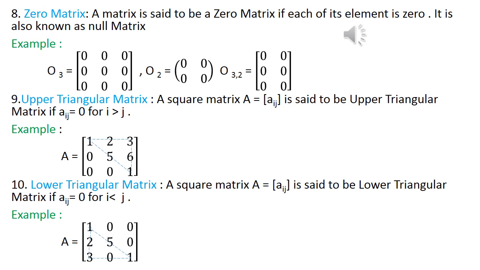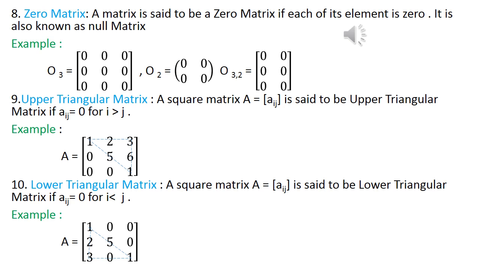If we write capital O2, that means a square matrix of order 2 whose all elements are 0. If we write O32, that means a matrix having 3 rows and 2 columns and all the elements are 0.